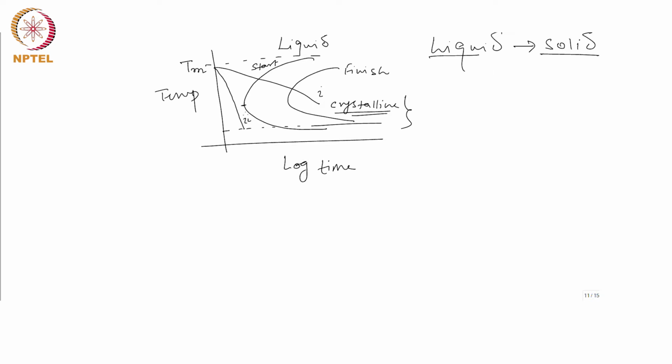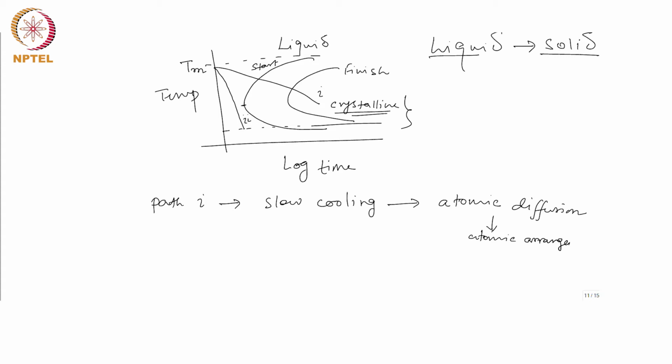and this is path 2 of cooling, then as we discussed, path 1 is a slow cooling path, which allows enough time for the atomic diffusion to take place and atomic arrangement to occur, leading to formation of a crystalline solid.